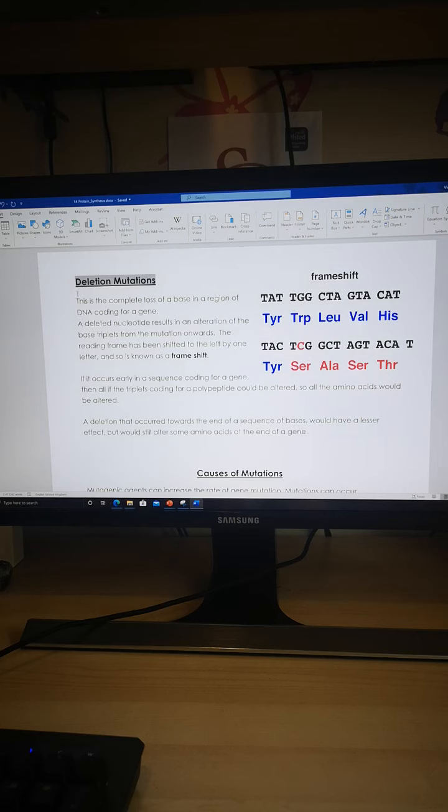Because this is a deletion mutation, you get a frame shift to the left. If this occurs quite early in the sequence of the gene, then you're changing all the triplets, and so you can alter all the amino acids downstream. A deletion that occurs towards the end will have less of an effect because you'll have fewer amino acids to alter, if you like.